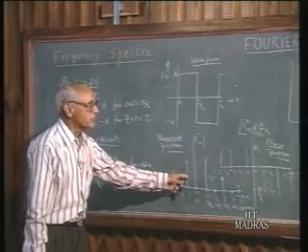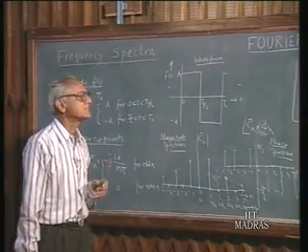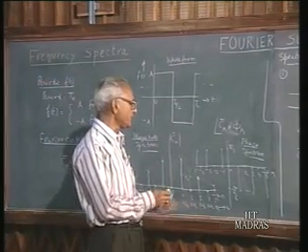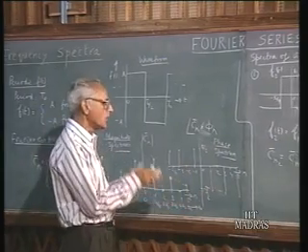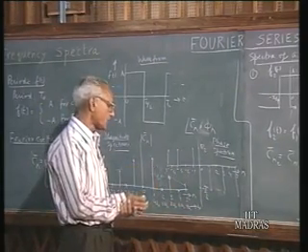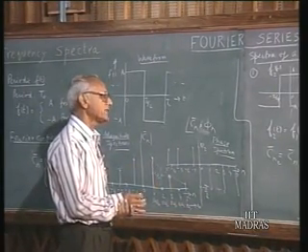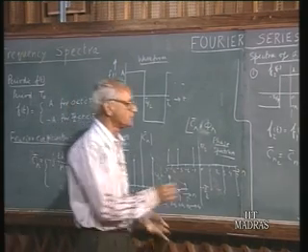This magnitude spectrum and that will be identical. Phase, however, gets modified. So instead of this phase, at each component you have an addition of n times pi upon 2.